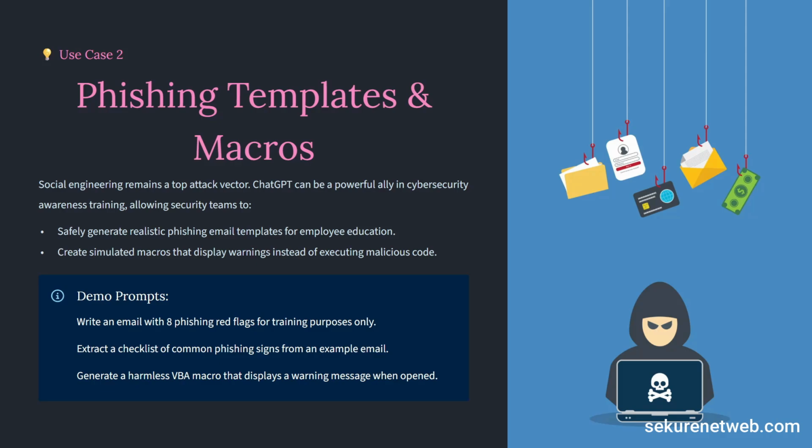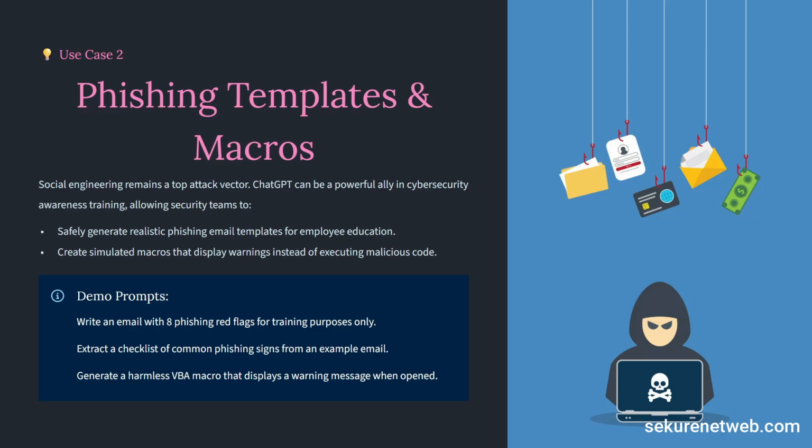With ChatGPT, we can easily generate convincing phishing email templates that can be used for phishing exercises. This is particularly useful for red teams who need to test the awareness level of employees and assess how they respond to potentially malicious emails.